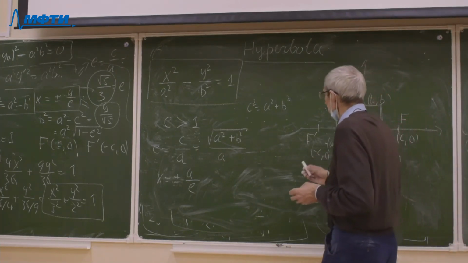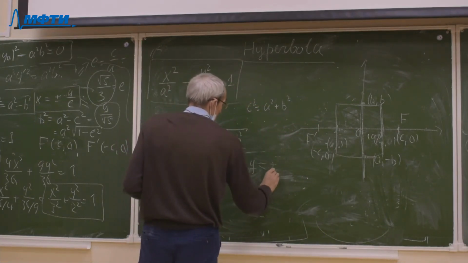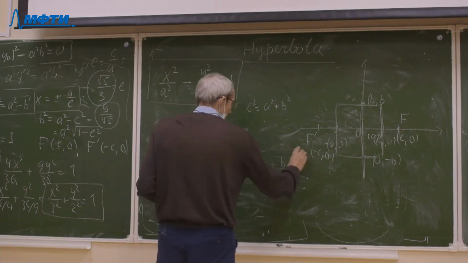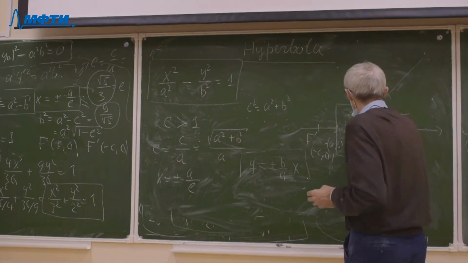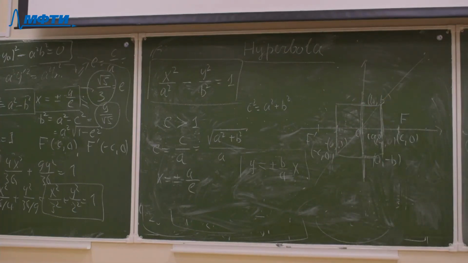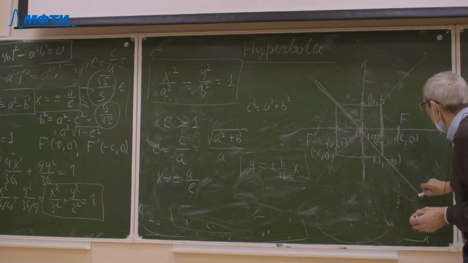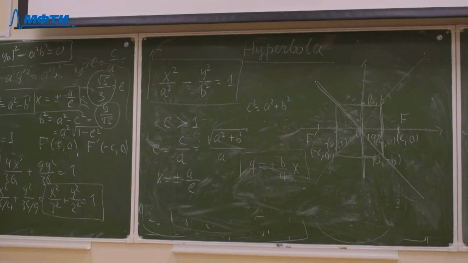We also have two straight lines, y equals plus or minus the ratio b over a times x. These straight lines coincide with the diagonals of our rectangle. These straight lines are called asymptotes.